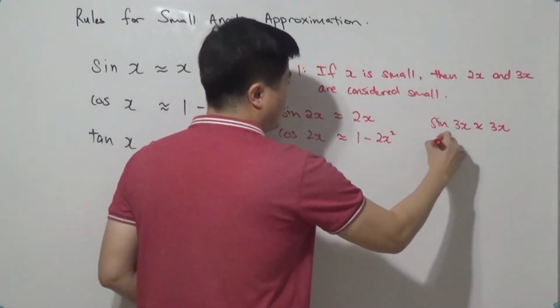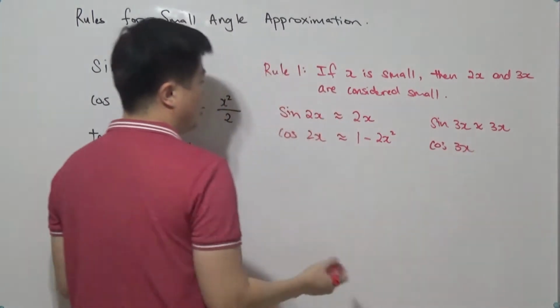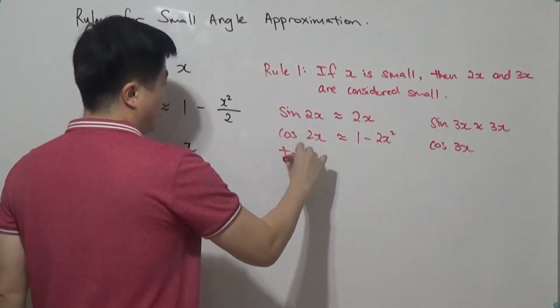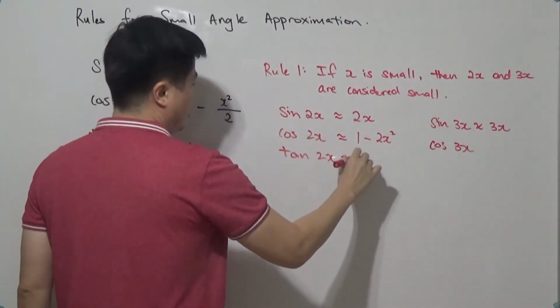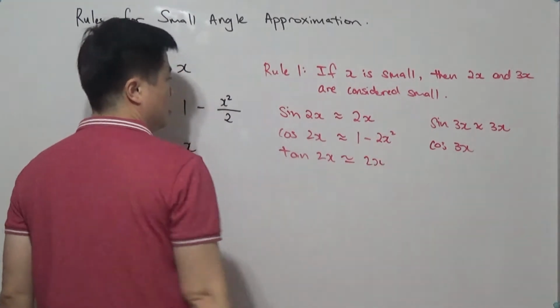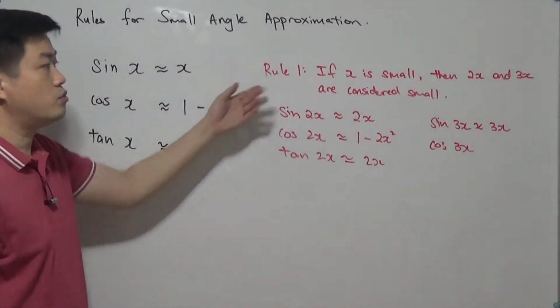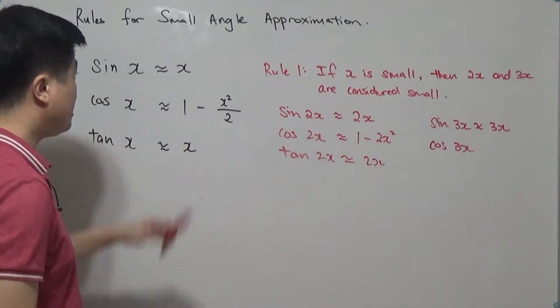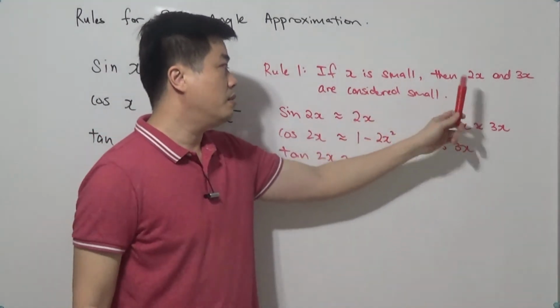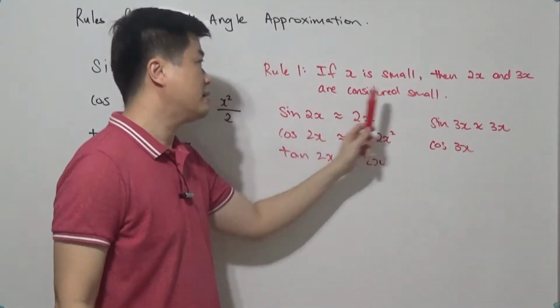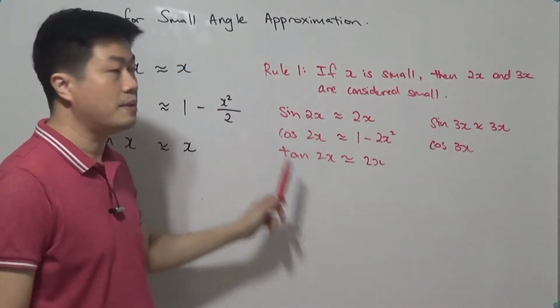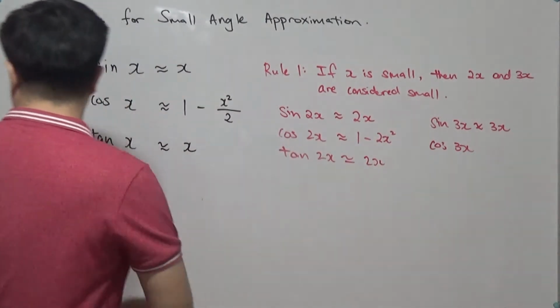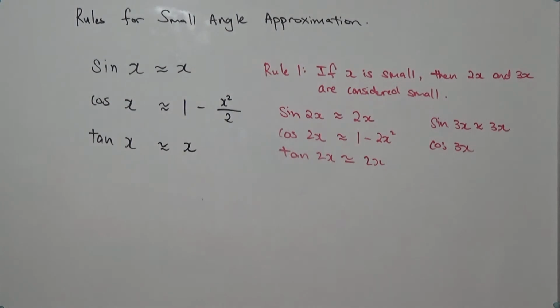You can do likewise for cosine 3x, I'm not going to do so, and finally tangent 2x will be 2x in this case, and so on. So that's rule number 1. When x is sufficiently small, we consider 2x and 3x also small, and therefore these are valid.